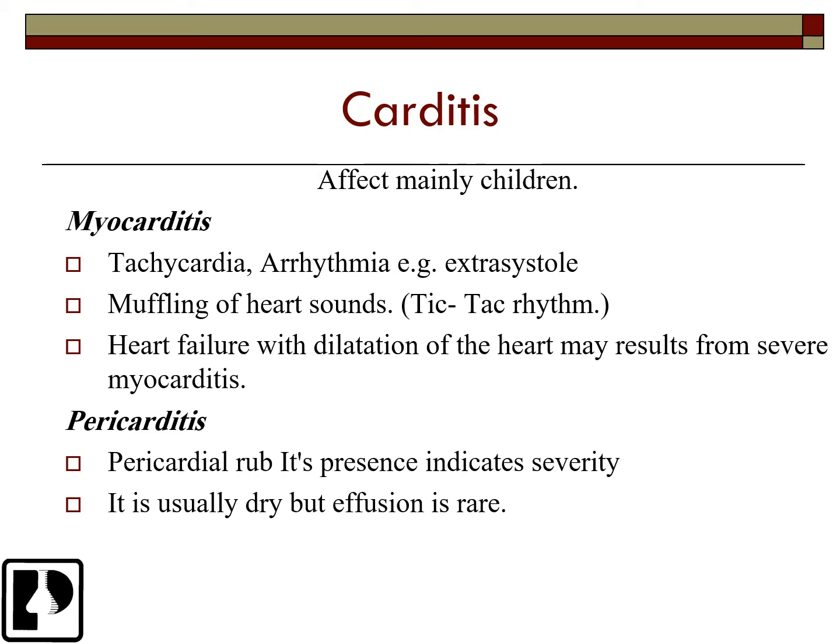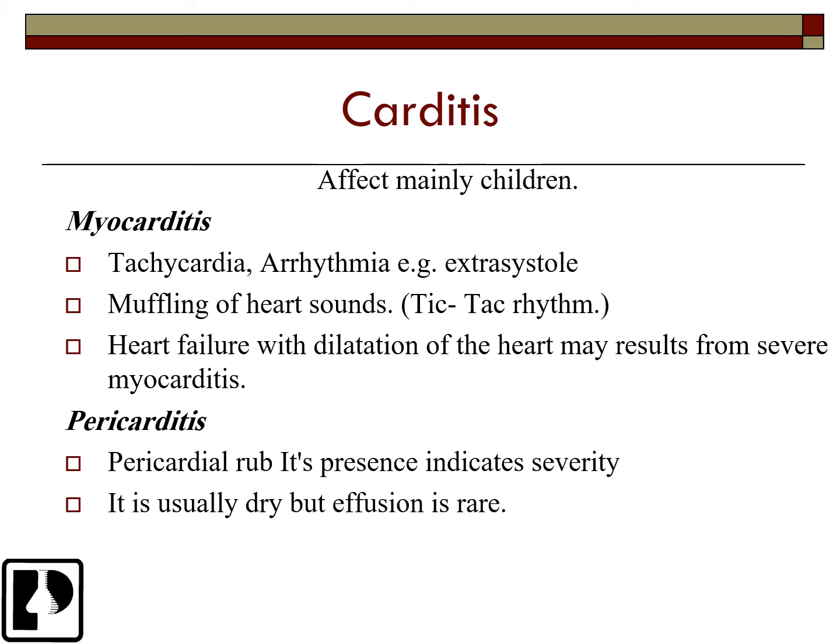So the most common manifestation in the adult is arthritis, and the most common manifestation in the children is carditis. Myocarditis means that the muscle itself of the heart is affected or inflamed by this disease.